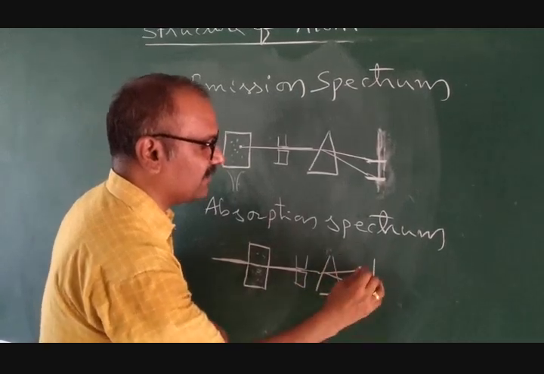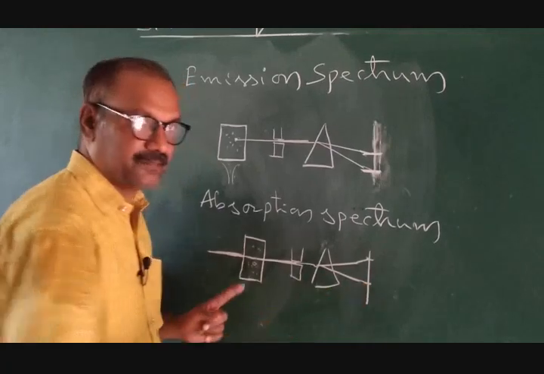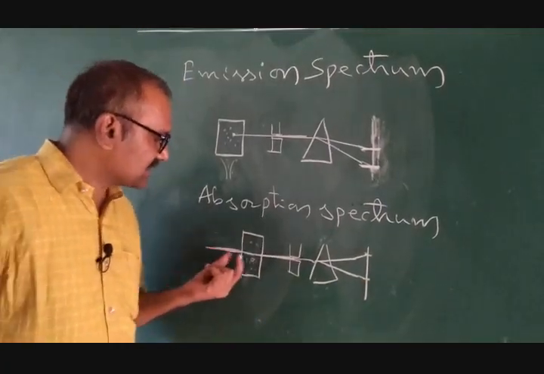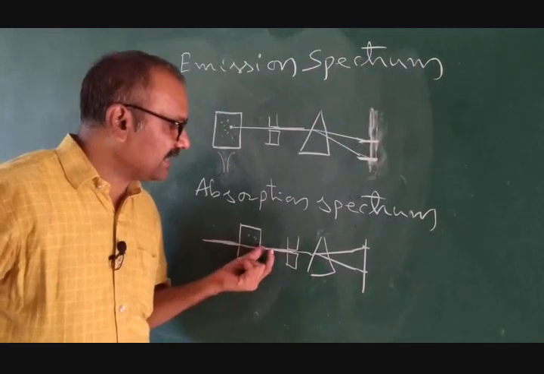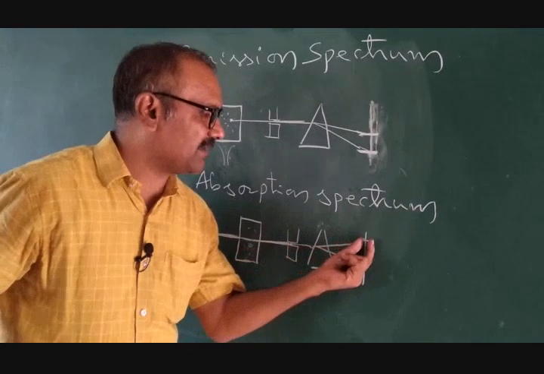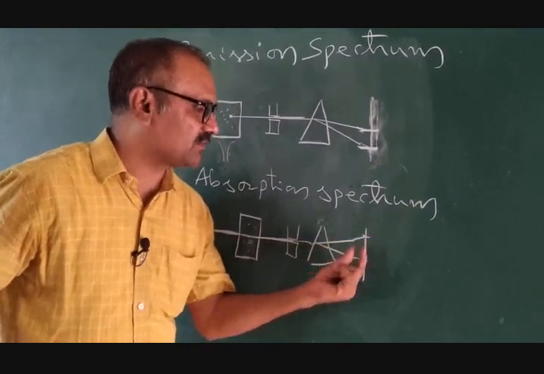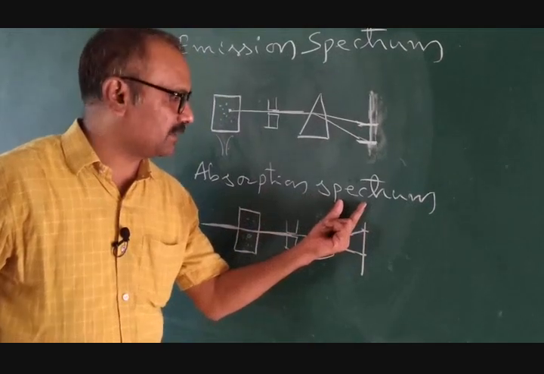You will get a pattern of lines. This is known as absorption spectrum. That means some light radiations are absorbed by these gases, and the remaining transmitted light analyzed to get a spectrum is known as absorption spectrum.